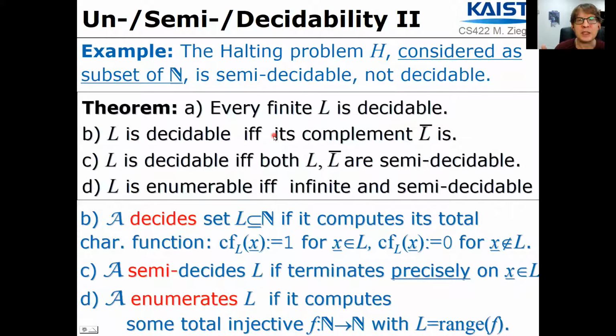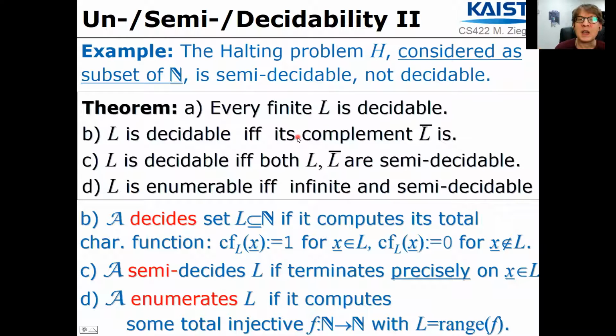So let's briefly recall that a finite decision problem can be hard-coded into an algorithm because it's finite information, and therefore the algorithm can decide whether a given element belongs to the set L or not.